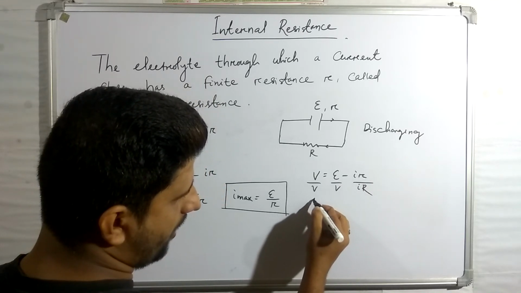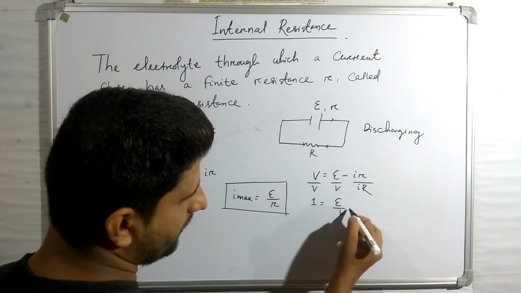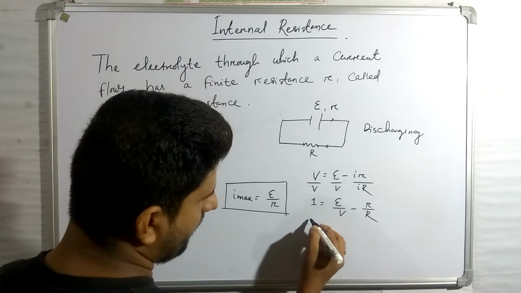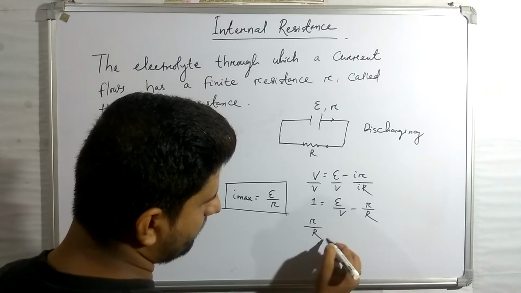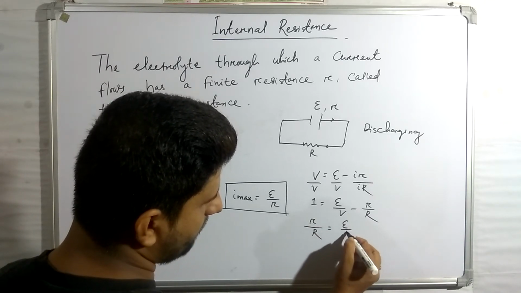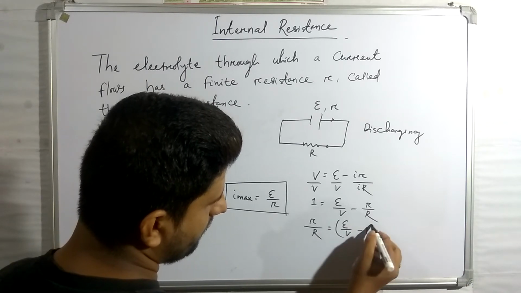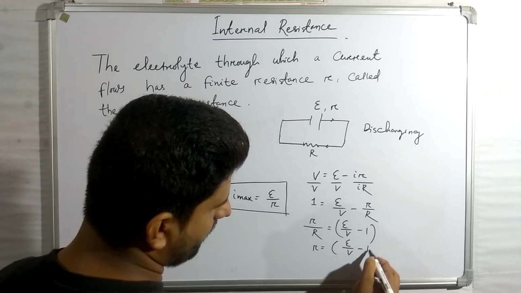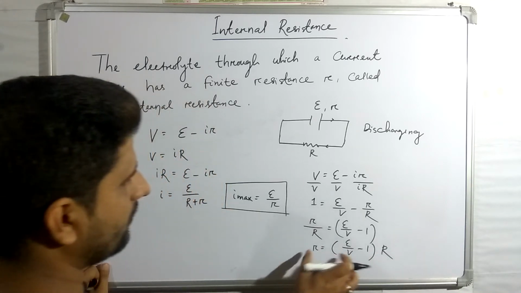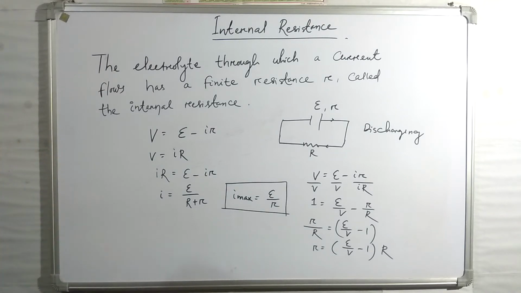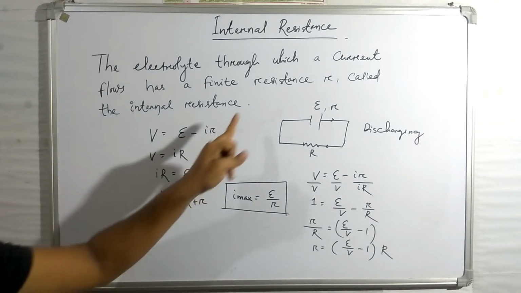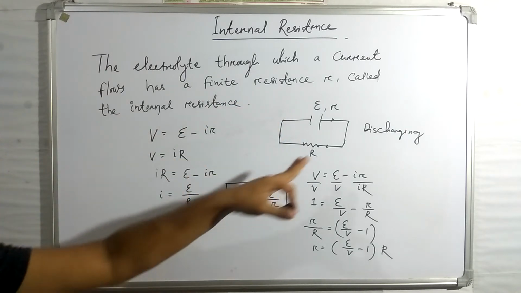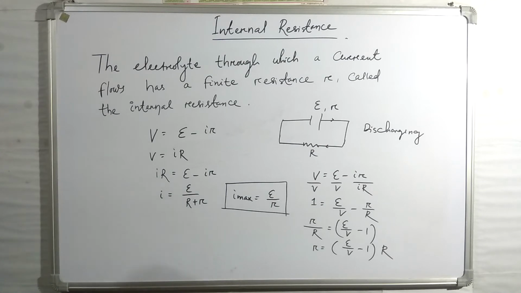So 1 equals E by V minus Ir by IR, and this r by R equals E by V minus 1, so r equals (E by V minus 1) into R. So this is about internal resistance. Here the resistance is finite, and this is the discharging cell.